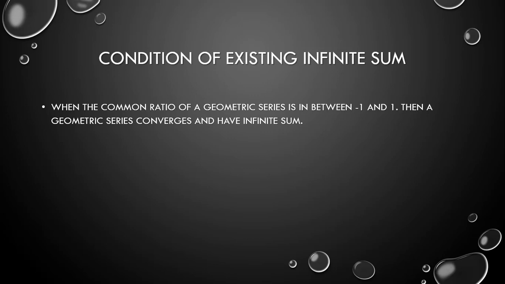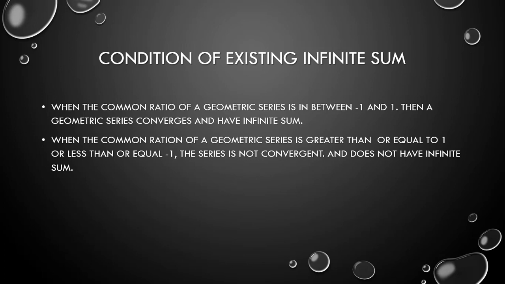Convergence means having an infinite sum. So if you are asked when a geometric series has an infinite sum, your answer will be: if the common ratio of a geometric series is in between -1 and 1, then the series is convergent and will have an infinite sum.